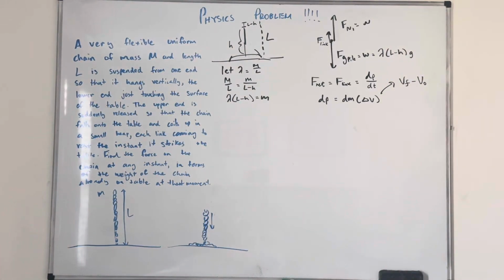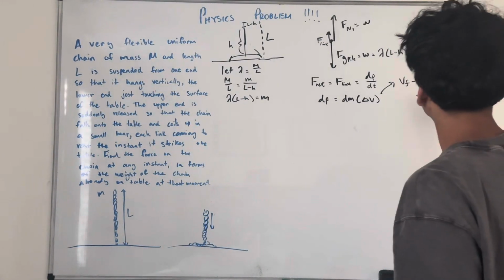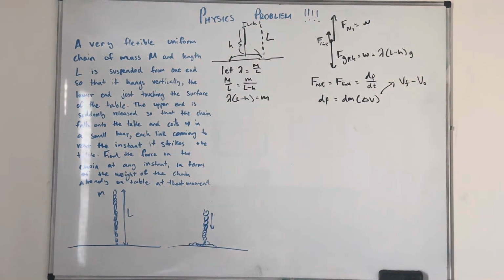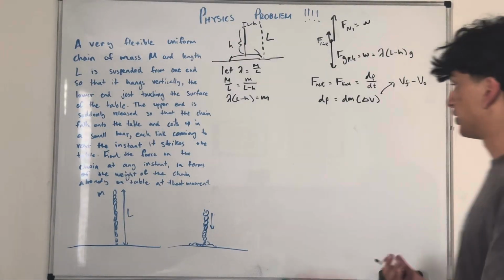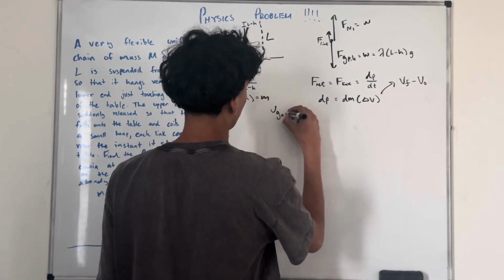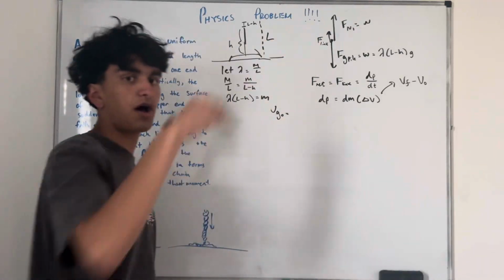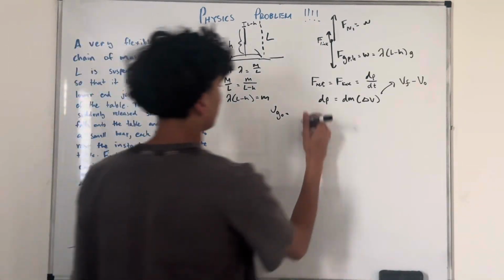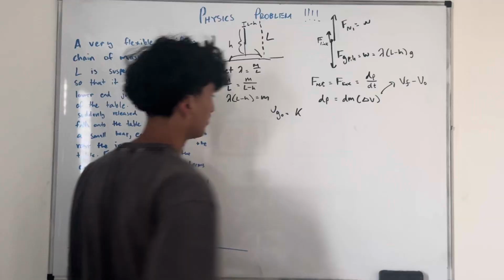But that doesn't matter. What is the speed of the link before it lands? Well, if we think about conservation of energy, the initial UG of the link, because it's dropped from rest, is going to equal the kinetic energy by the time it hits the table.